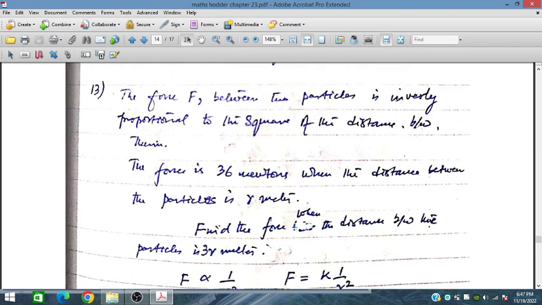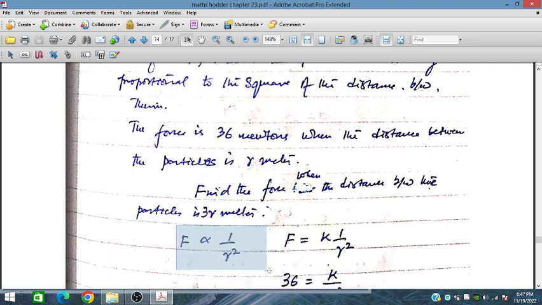The force between the particles is inversely proportional to the square of the distance between them. So F is proportional to 1 over r square.